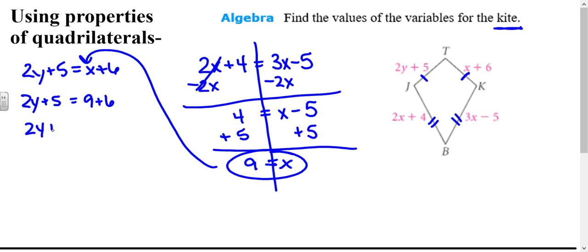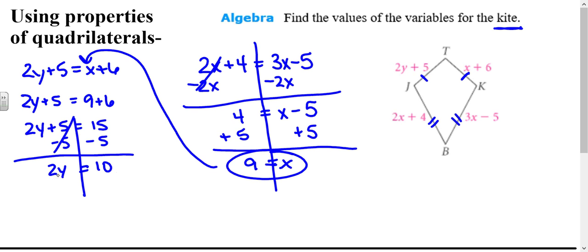And I know that 9 plus 6 equals 15. So now I can solve this equation. I'm trying to get y by itself, so I need to cancel out the 5 by subtracting. And then I have 2y equals 10. So I need to divide by 2 to cancel that out. And so then I get y equals 5. So those would be my answers.